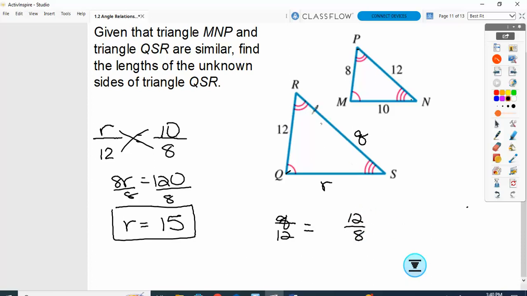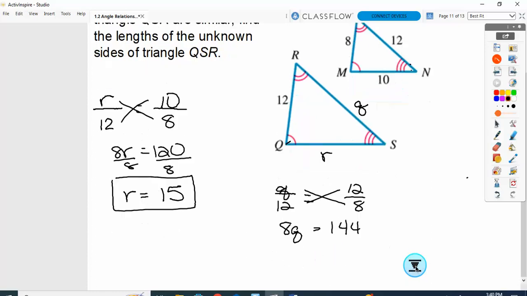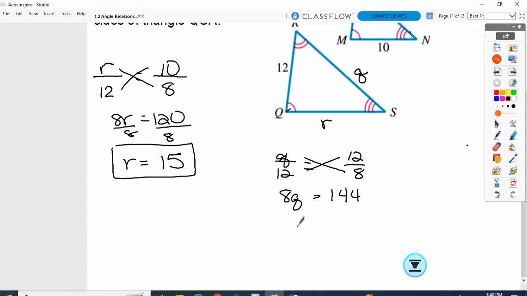Q is this diagonal side, so the diagonal side over here is 12. 12 is my vertical, so that's my 8. So I get 8Q equals 144, and Q is 18. Questions there?